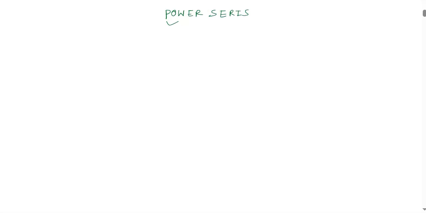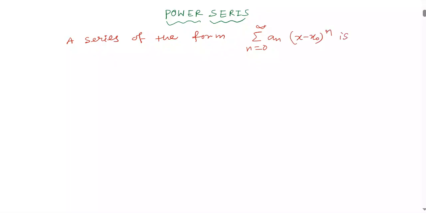Power series means a series of the form summation n equal to 0 to infinity a_n (x minus x0) whole power n is known as a real infinite power series.